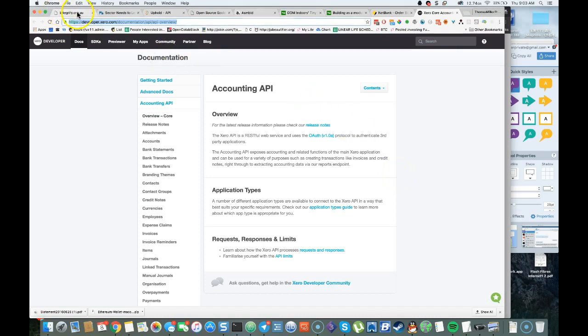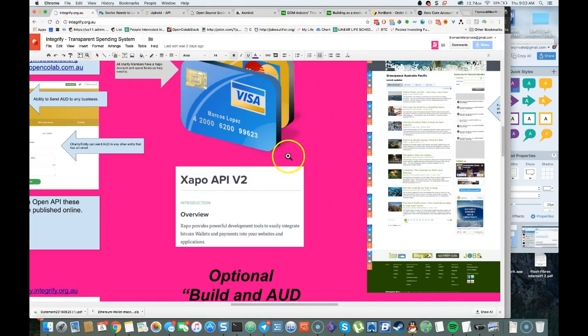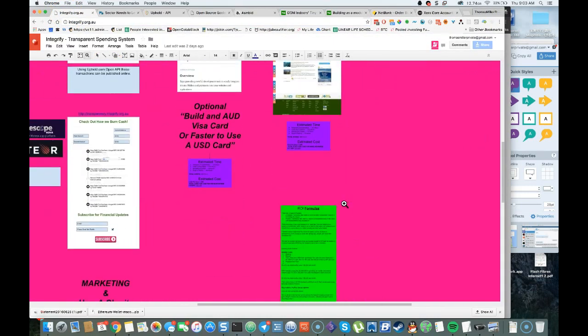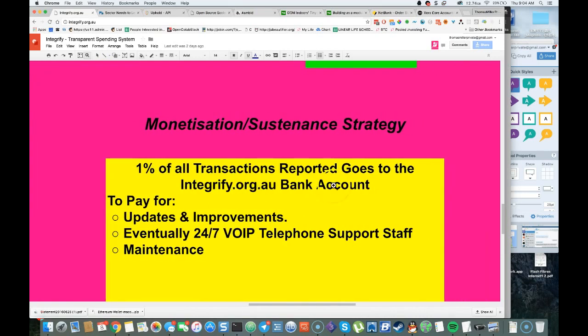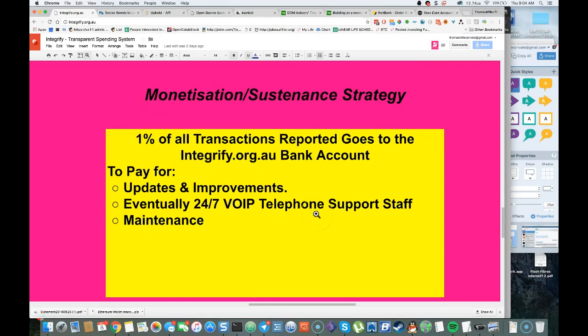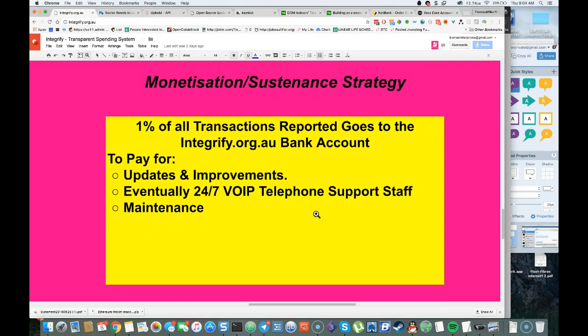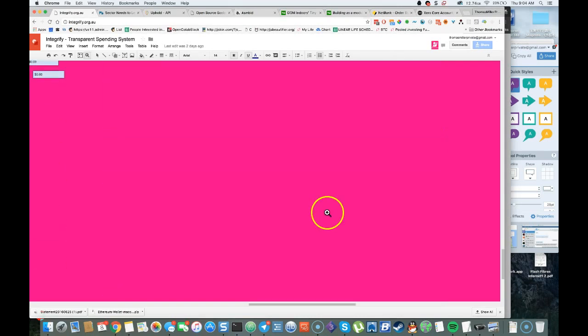And the final thing I want to talk to you about is the monetization strategy that I had on this plan. I was saying Integrify, you know, is your charity Integrified, or is your organization Integrified? And I was saying 1% of all transactions that get reported goes to an Integrify bank account, another transparent bank account system, which would pay for people like me to run it, or other people to run the whole system.